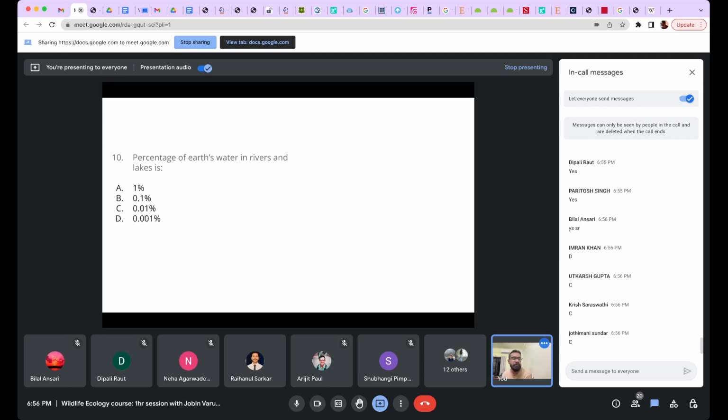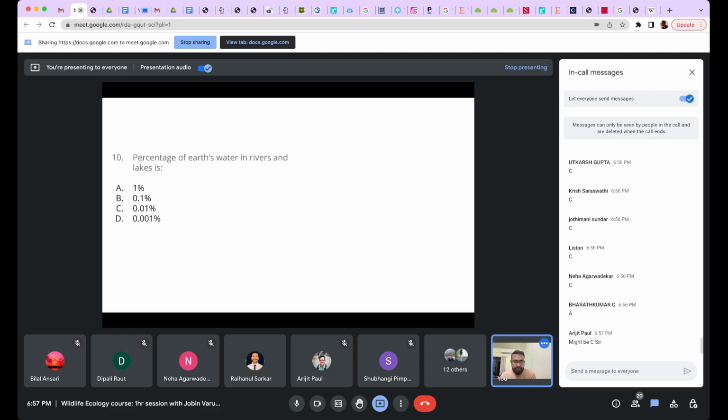People say C. Imran says D. Liston says C. Was it there in the lecture? I don't remember this being discussed in the lecture. Neha says C. Interesting, a lot of people say C. Anybody else wanting to change the answer from C, or do you want to stick to C?